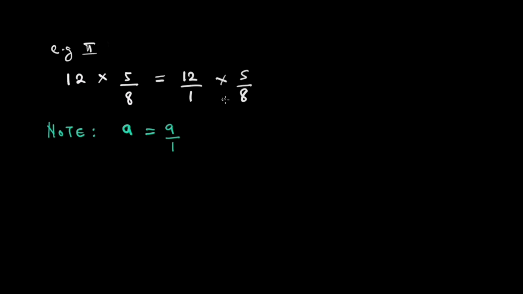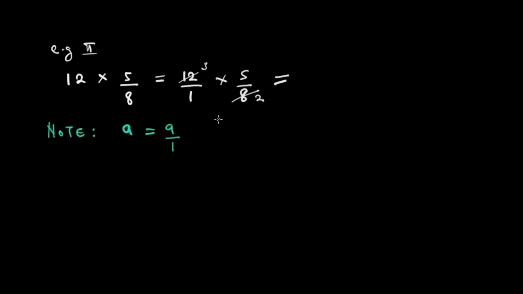Then we take the usual route of multiplying numerator by numerator, denominator by denominator. But 12 times 5, even though it can be worked out quickly, gives big numbers. So to simplify things, 2 into 12 is 6, and 2 into 8 is 4. Then 2 into 6 is 3, and 2 into 4 is 2. Here we used the factor of 2, but it could have been easier if we had used the factor of 4: 4 into 12 gives 3 and 4 into 8 gives 2.